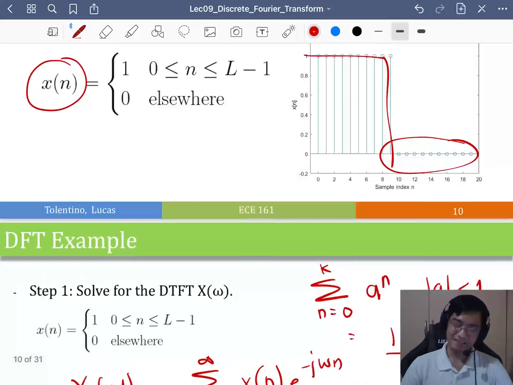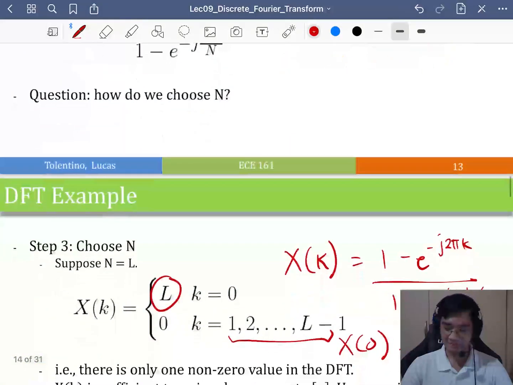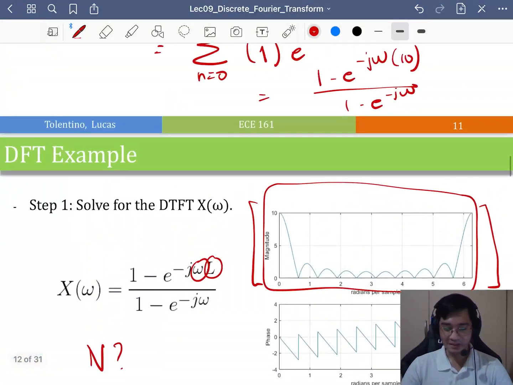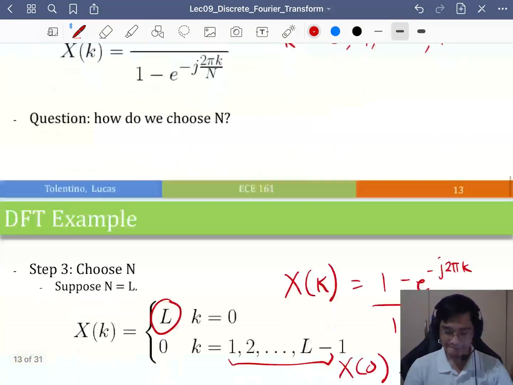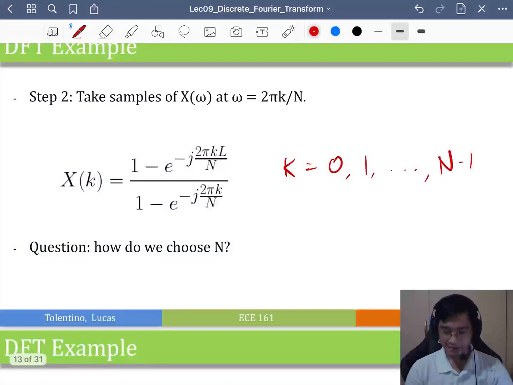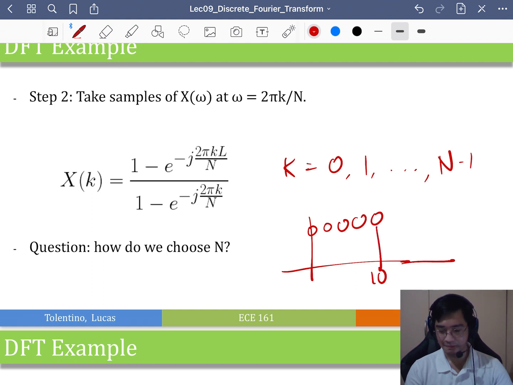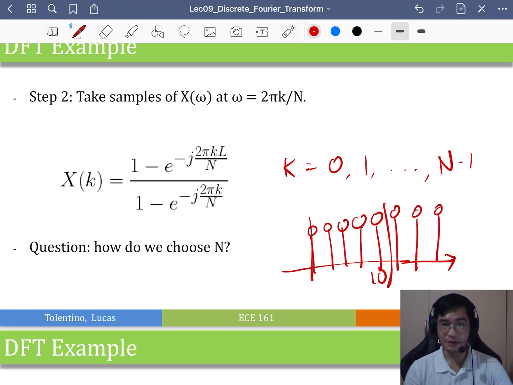Or let me just, for example, this one is our, so for example, this is 10, right? And then if we choose n is equal to 10, then we are generating replicas of this impulse train at 10 samples. So technically this is our point of periodicity, right?